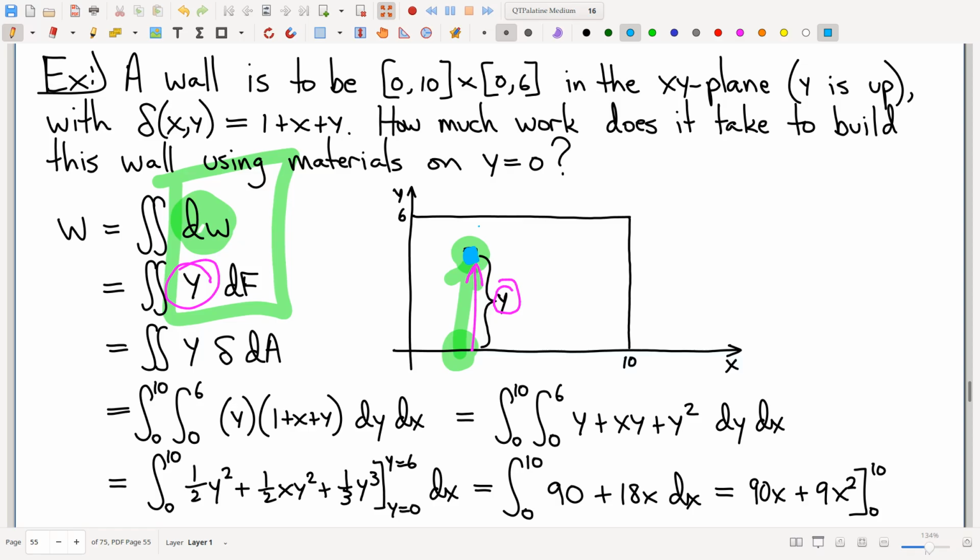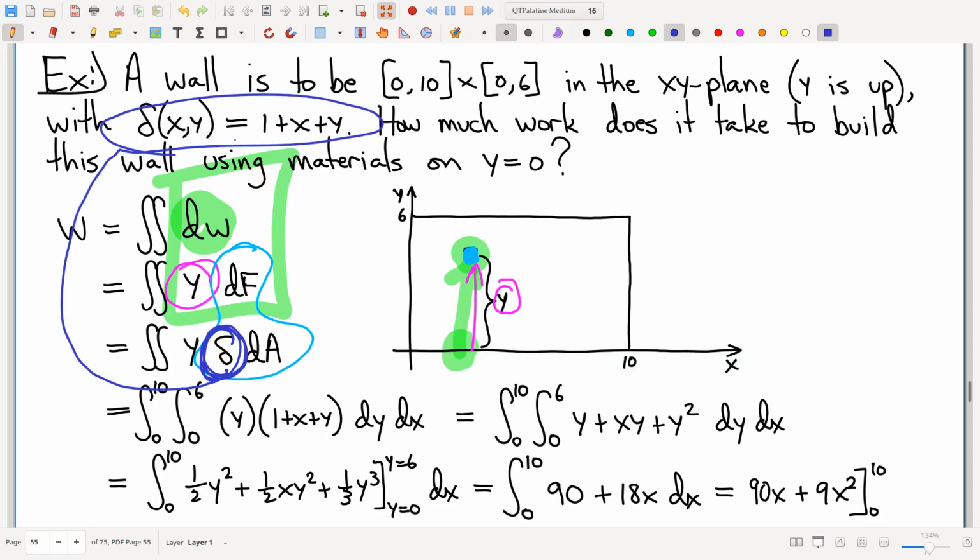So how many pounds is that brick? Well, pounds is pounds per unit area times area, however much area of the wall that brick covers. And what is the pounds per unit area? That was given, so that's where that comes from.